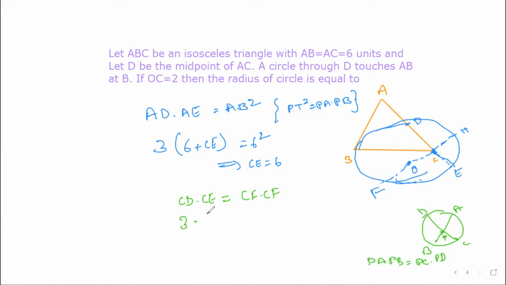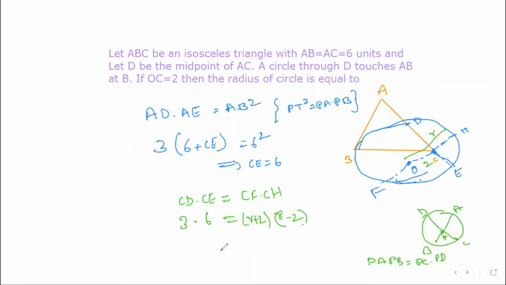CE we found earlier, which is 6. For CF and CH, we know the distance OC is 2. If we assume the radius is R, CH would be R minus 2 and CF would be R plus 2.